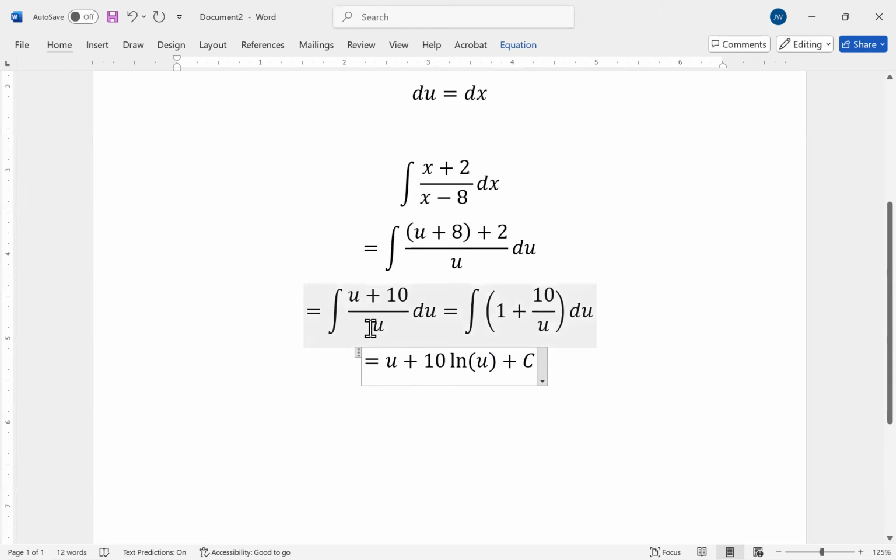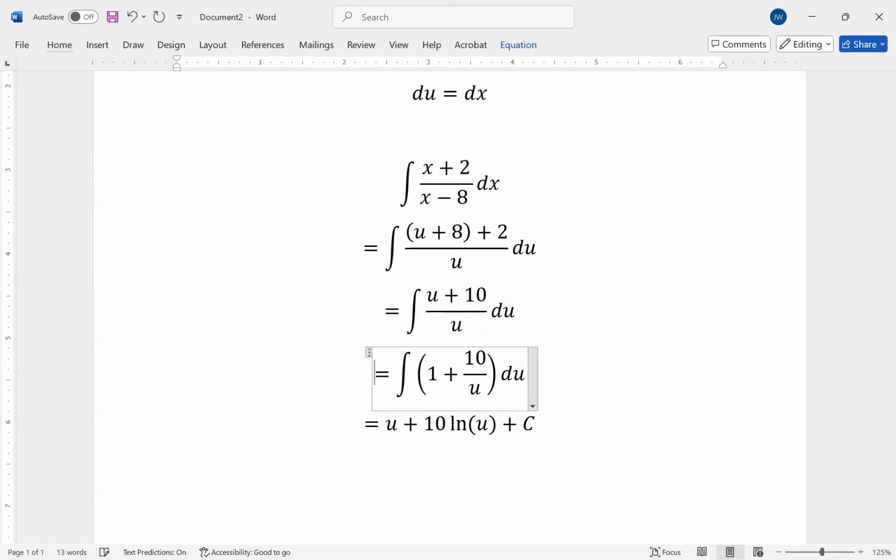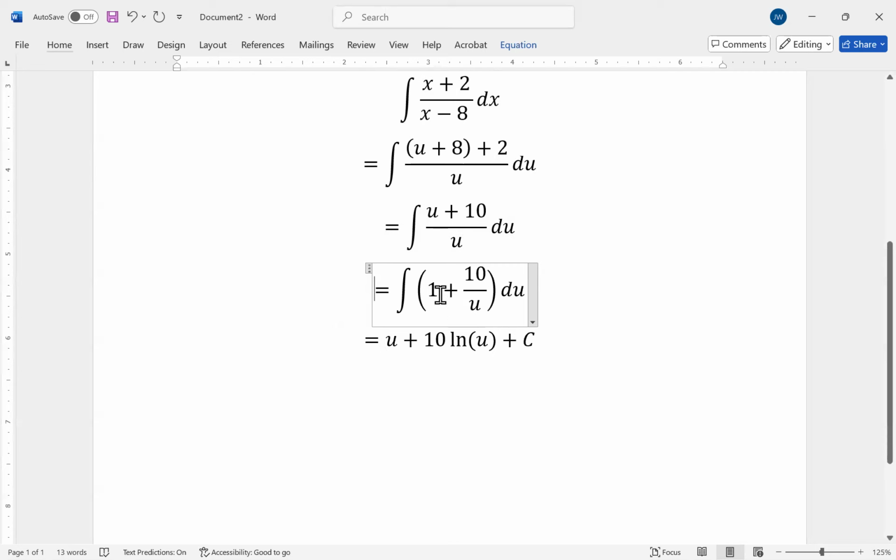So being able to have a single variable in the denominator was really nice because that allowed me to do division and then end up with pieces, specifically 2 pieces that I could integrate. I can integrate the constant of 1. I can integrate 10 over u, both very easily.